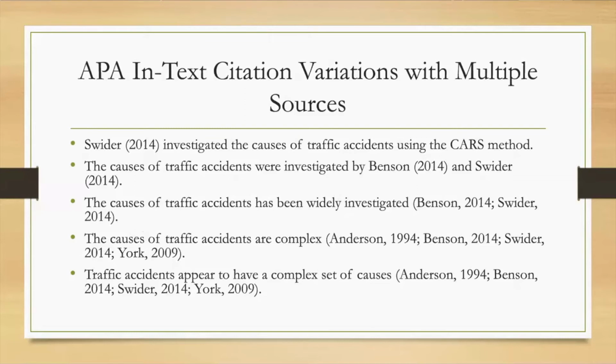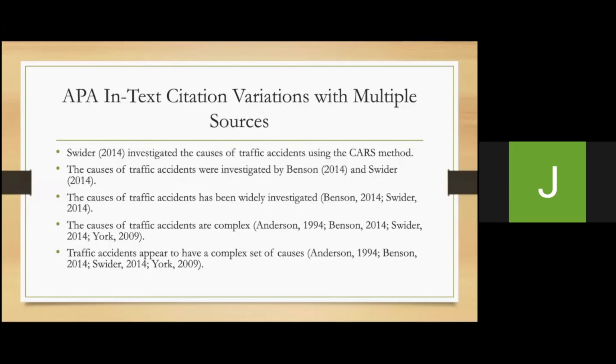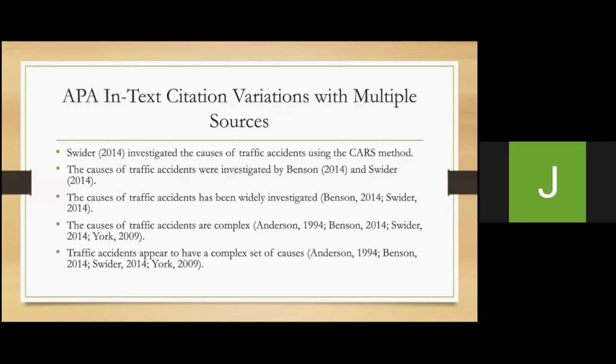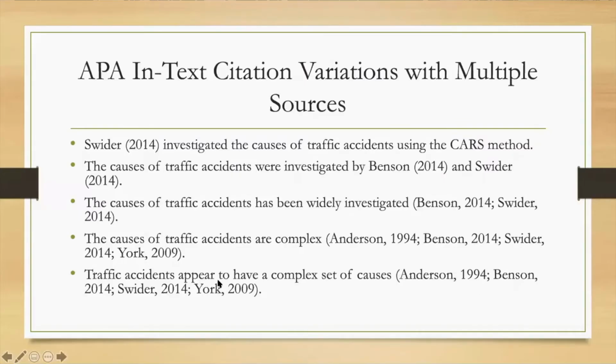Anderson might have reviewed government statistics. And York may have simply done another literature review. But all of these types of sources are synthesized together to give you the idea that the causes of traffic accidents are complex. And then the last one simply adds a hedging element, because when you're writing, it's a little bit dangerous to say with 100% certainty that you understand something.